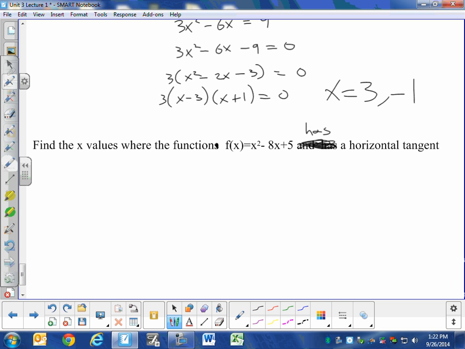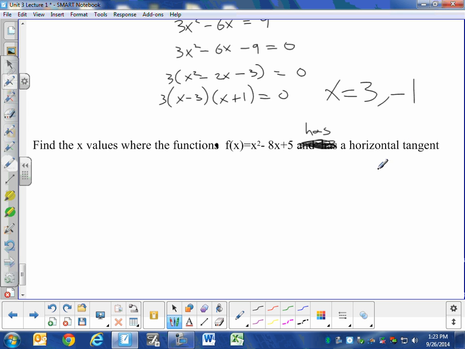Next question. Find the x values where the function has a horizontal tangent. What is a horizontal tangent? Slope is 0.